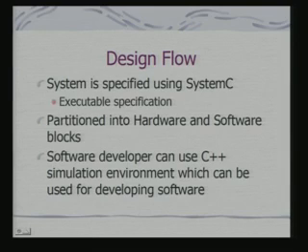Okay? And what I get is an executable specification, because that SystemC code can actually be compiled and executed. Compiling and execution of SystemC code will mean what? It will actually mean execution of the software with the simulation kernel, where the simulation kernel is simulating the hardware.